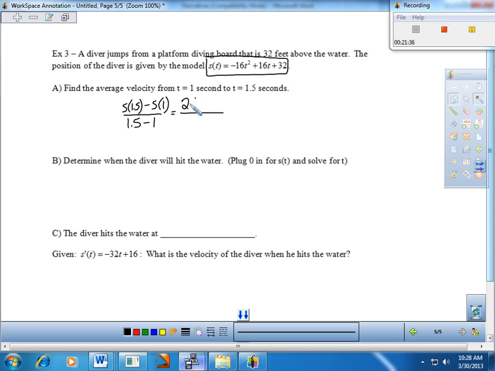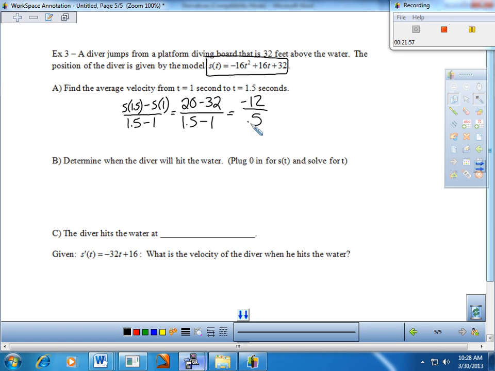So let's do that. 20 minus 32 over 1.5 minus 1. All right, not too bad, right? This is just slope. y2 minus y1 over x2 minus x1. And in this particular case, 20 minus 32 would be negative 12. 1.5 minus 1 would be 0.5, and that's looking great.